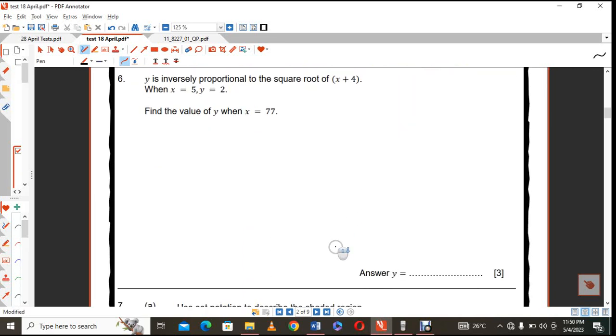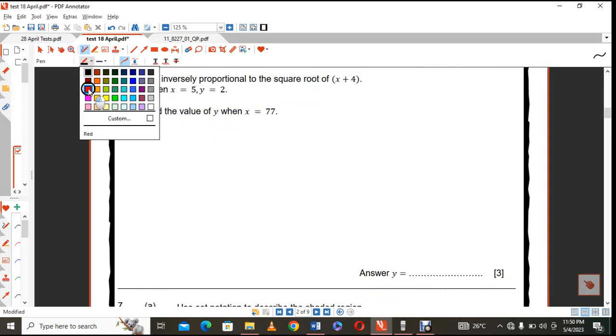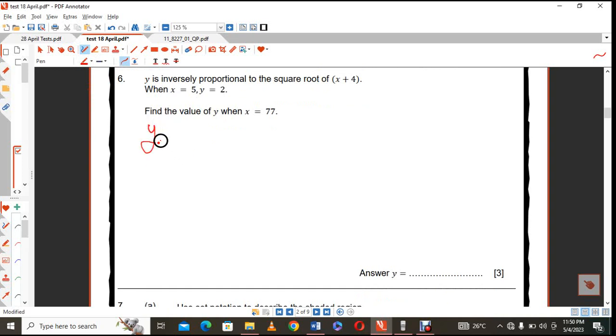Question 6. y is inversely proportional to the square root of x plus 4, all of it. You can put it in brackets if you want to. So the equation is going to be y equals the constant of proportionality that we are going to calculate, k, over the square root of x plus 4. Starting with that, they are now giving us information. They say x equals 5 and y equals 2.